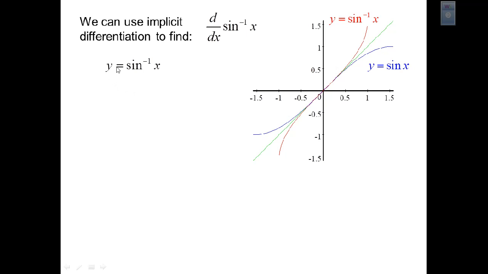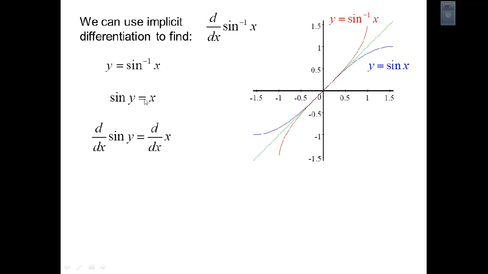All right, so if we have y equals inverse sine of x, what we can do is use implicit differentiation here. And first thing we're going to do is take the sine of both sides. The sine of y is equal to the sine of the inverse sine of x. Well, the sine of the inverse sine of x would just be, sorry, x.